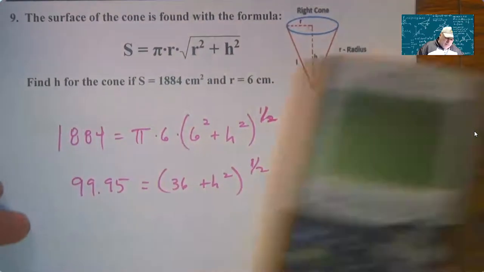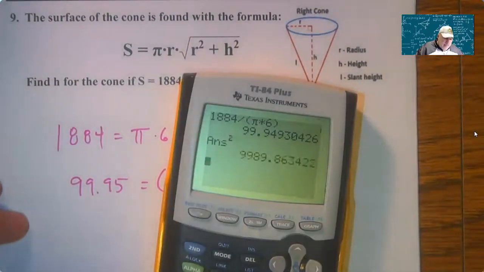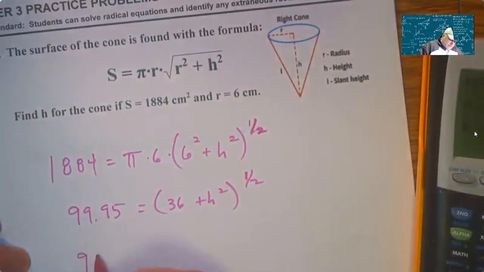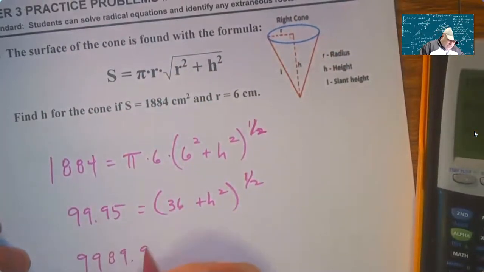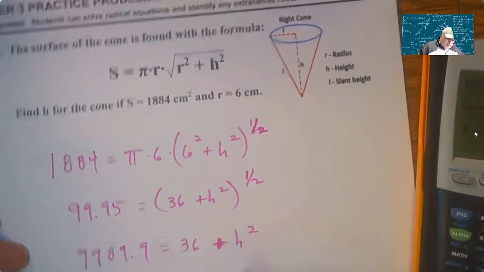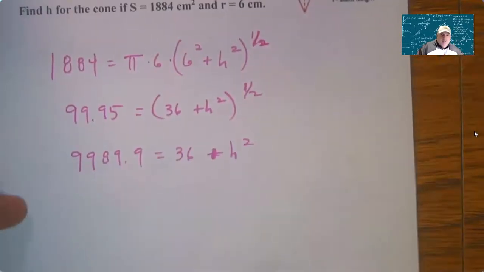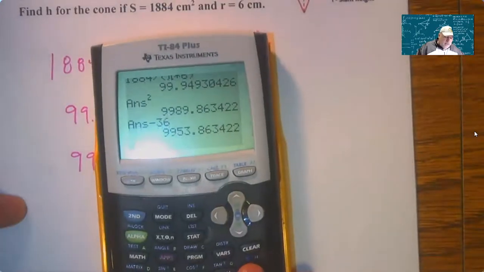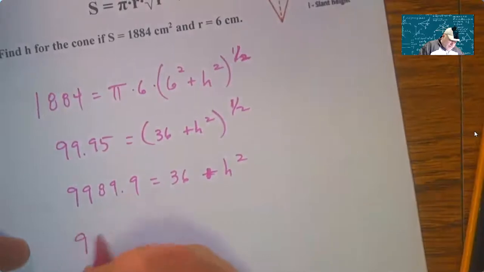Square both sides. So we're going to square that. So 9989.9. This is a little bit of work to get at h. Subtract 36. So 9953.9.